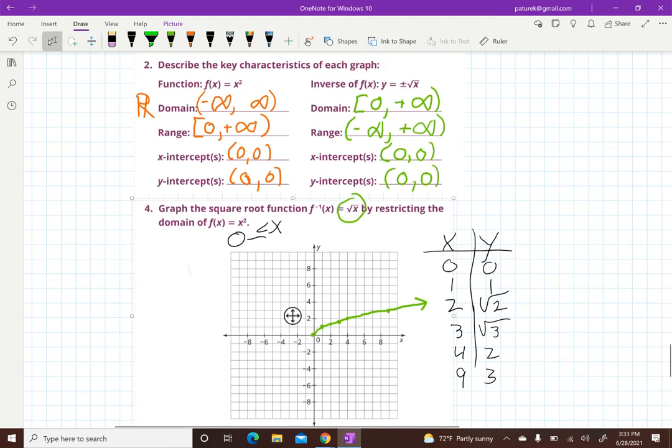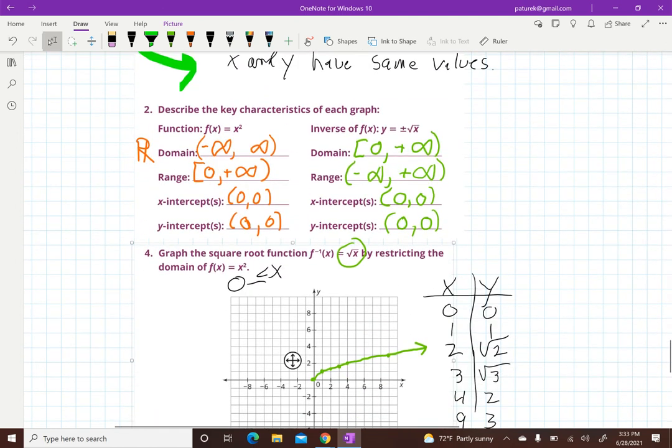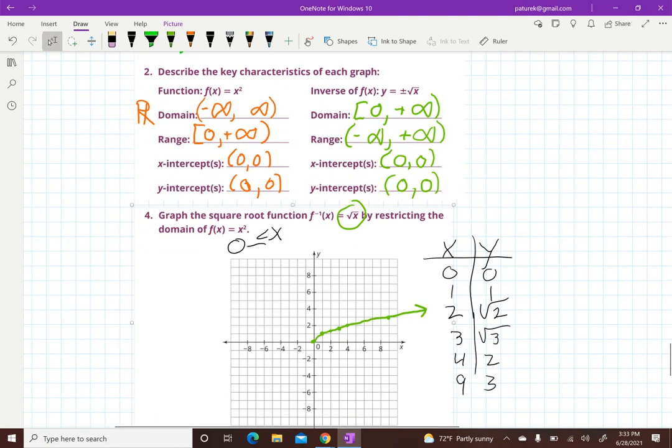Okay, so we are restricting the domain of x squared. If I were to graph x squared one more time with the domain restricted, it would be starting at 0, going through 1, at 3 it's going to be 9, at 2 it's going to be 4.